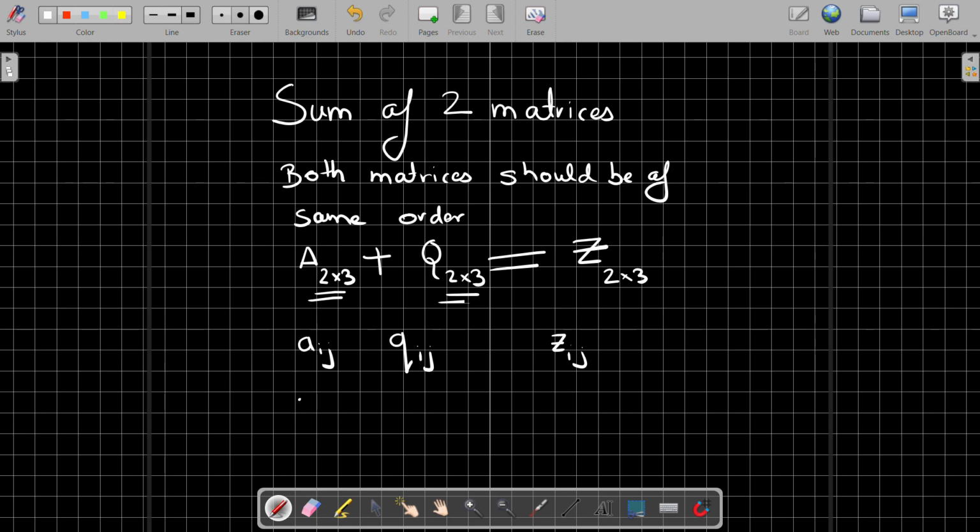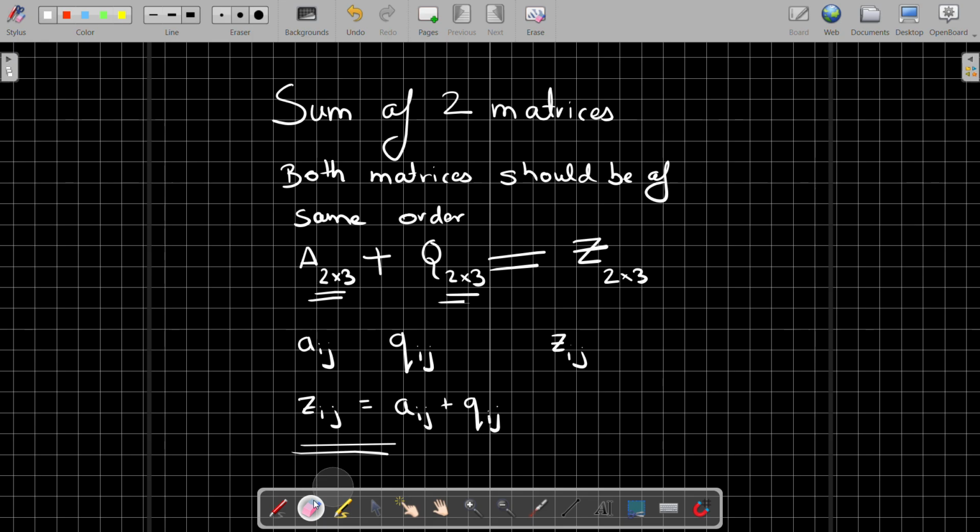Now your Zij term will be equal to Aij plus Qij. So this is the formula for sum of two matrices.